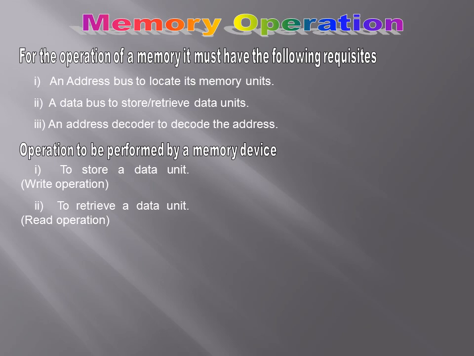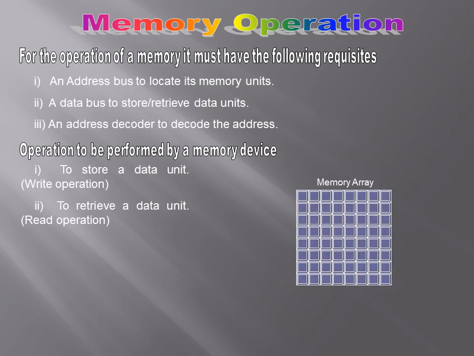Operation to be performed by the memory is of 2 types. Write data means store data in the memory. To retrieve whatever is stored in the memory we call it read operation. Write operation to save the data in the memory, and read operation to retrieve data from the memory.